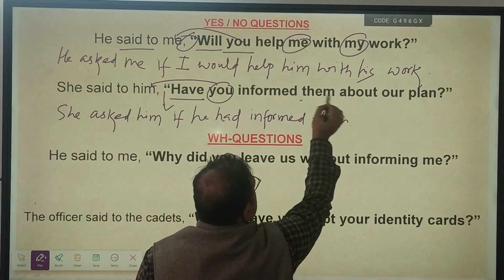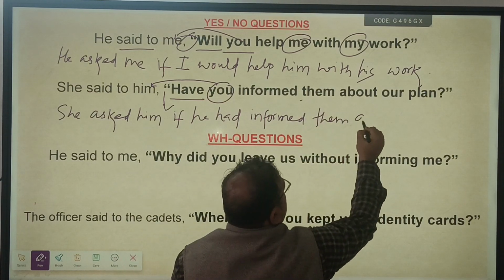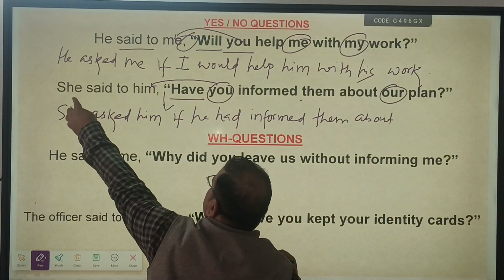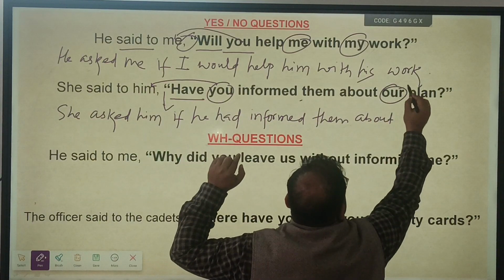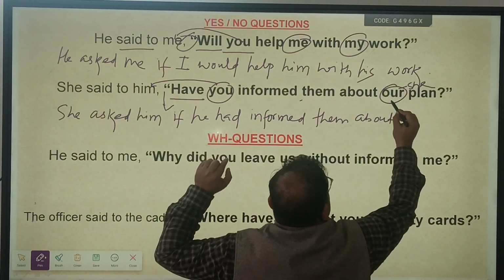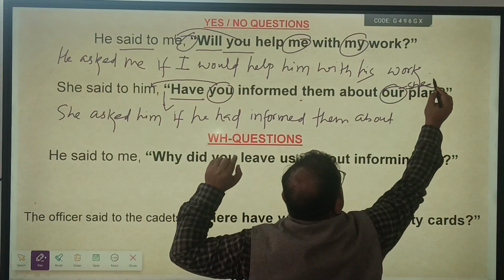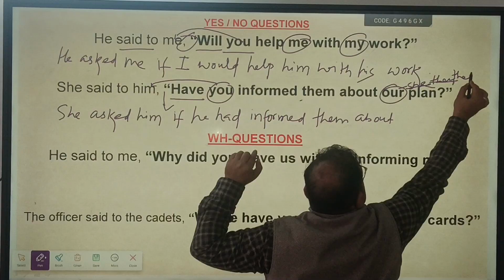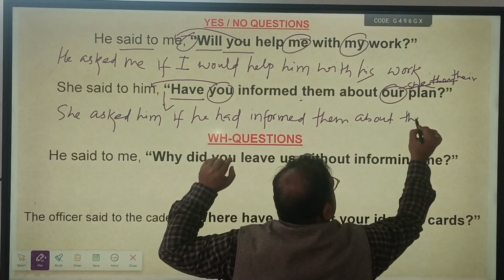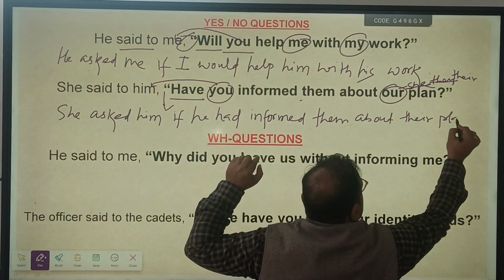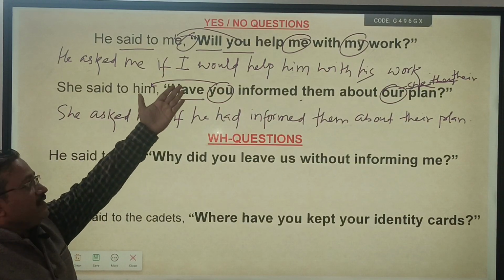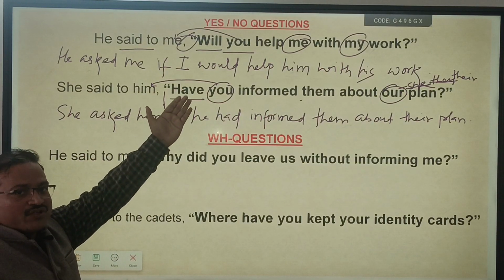Third person will not change, "them about." "Our," first person, will be changed by subject. Subject is what? She. Now plural of "she" is what? They. Then possessive case what? Their. So "about their plan." Full stop. So we have done yes or no type of questions.